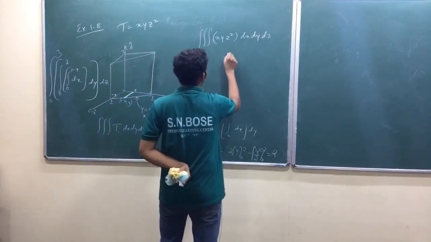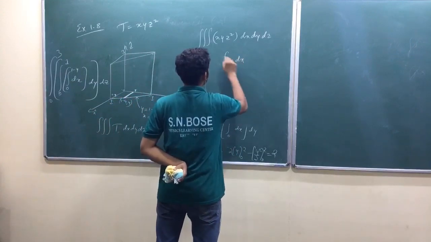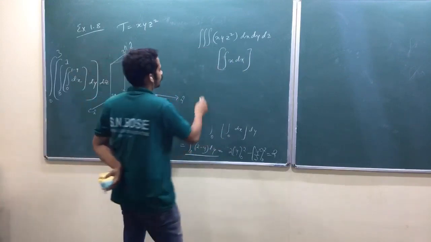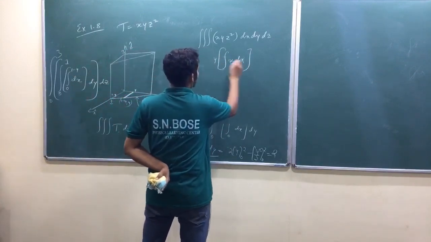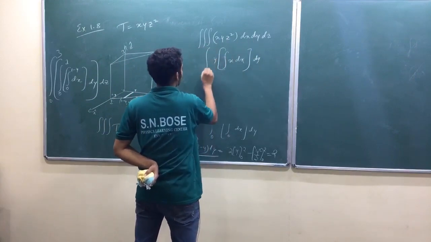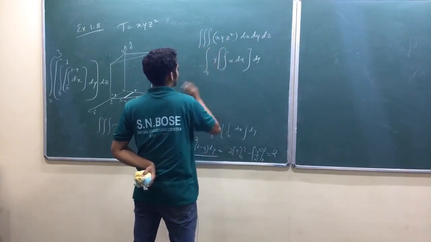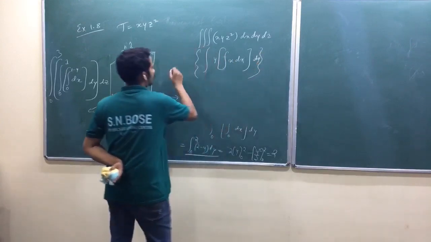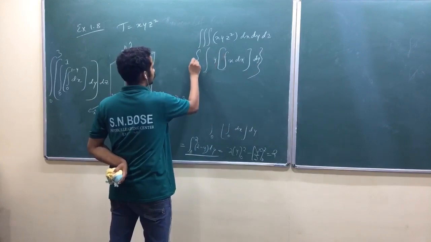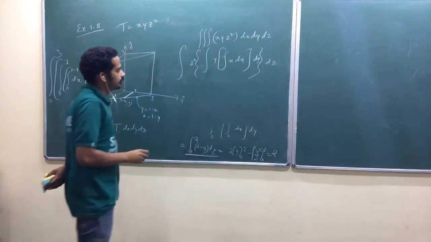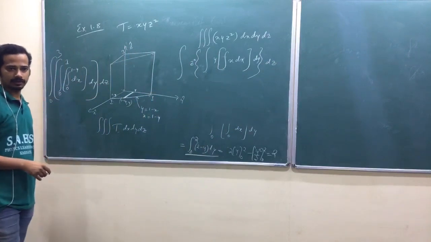I can write this like this actually: x dx, so let me think of the limit later. Then a y variable dy, the y integral. Then look here, the z variable is z square dz, the z integral. Write it like that.